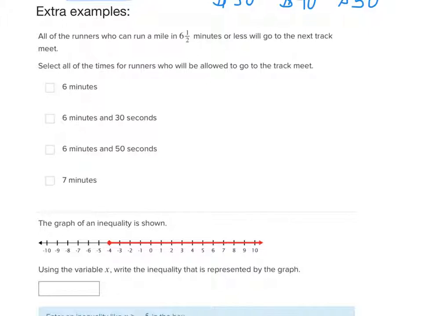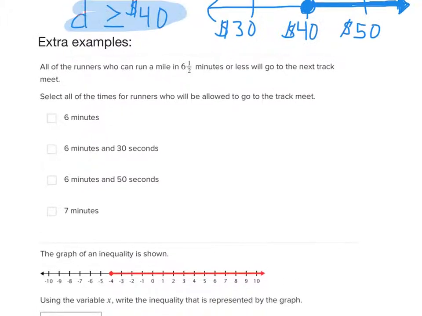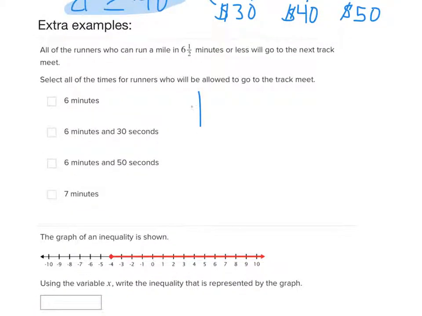Well, the inequality, if I was to write one, the times need to be 6.5 minutes or less, so they need to be less than 6.5 minutes or equal to 6.5 minutes. If you make 6.5 minutes, then you go to the next track meet. And if you do anything less than 6.5 minutes, you go to the next track meet.